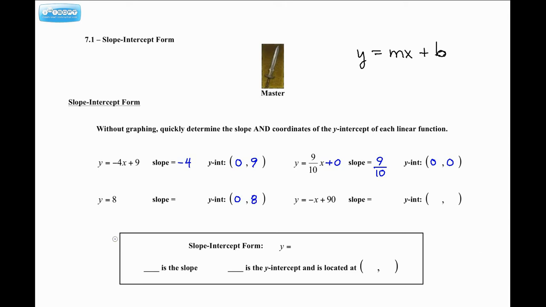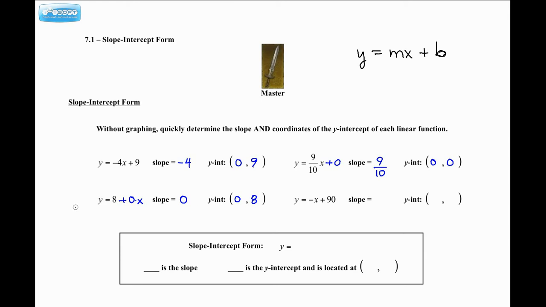Well, there's nothing wrong with imagining there being a plus 0 times x, because 0 times x is just 0, so we normally wouldn't write that. This number here multiplying x is 0. And we have seen before what lines look like that have a slope of 0. If you recall, they are horizontal.